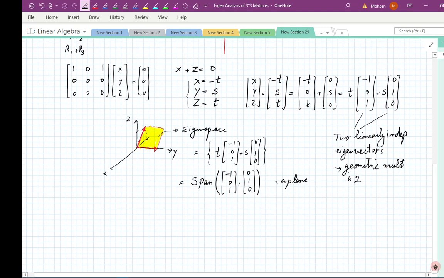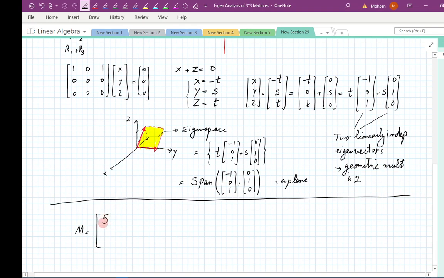Let's do a simple example of that as well, as a very extreme example. Suppose I have a matrix and its entries are these. So what is M minus lambda? We want to do eigen analysis for this.